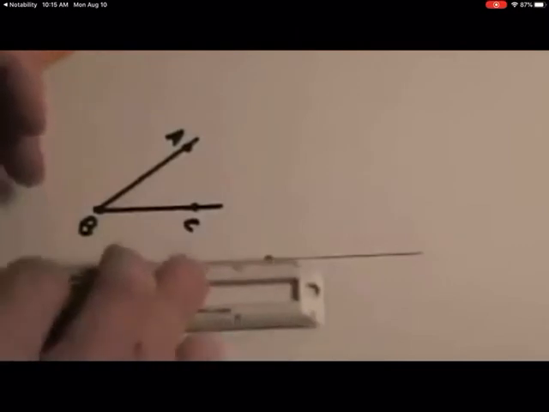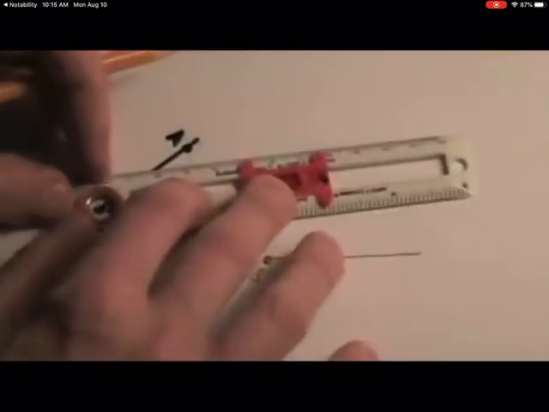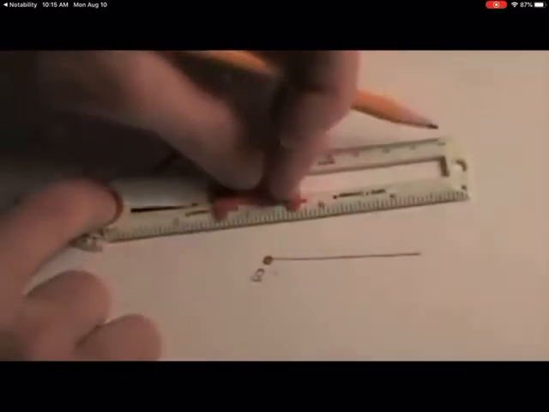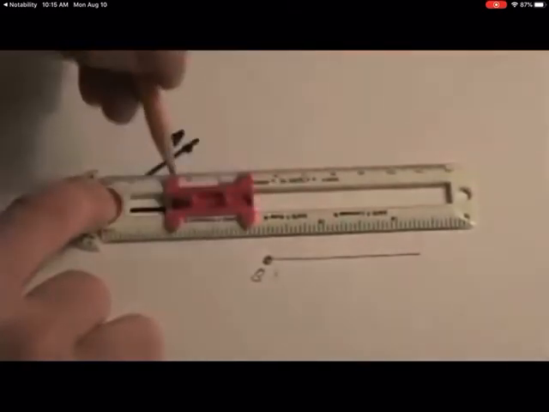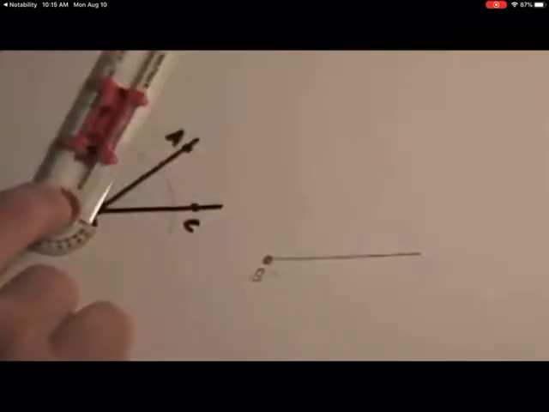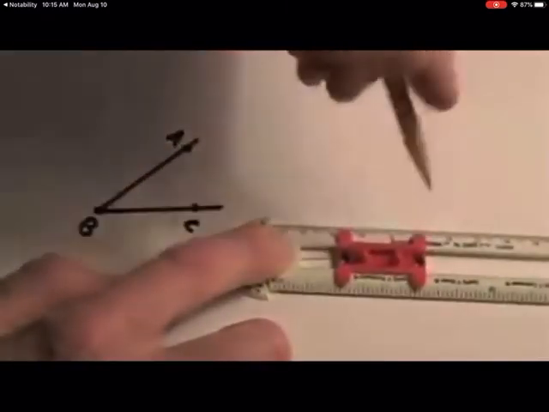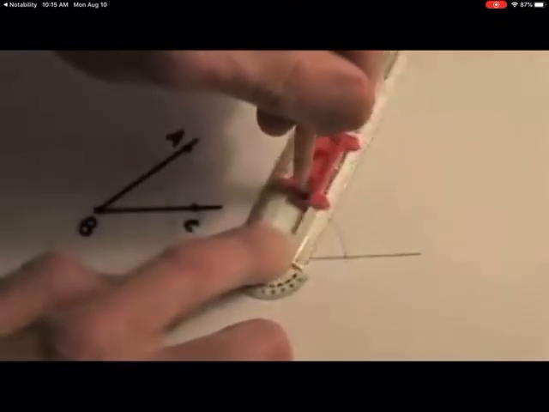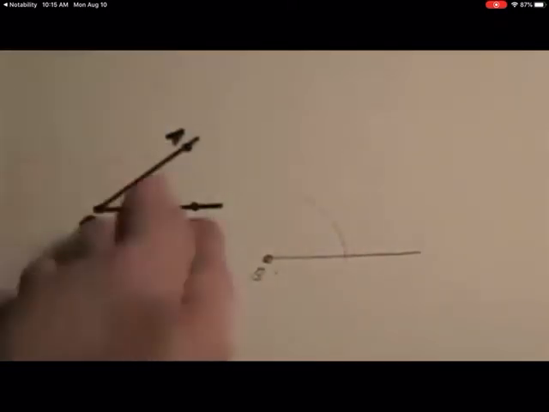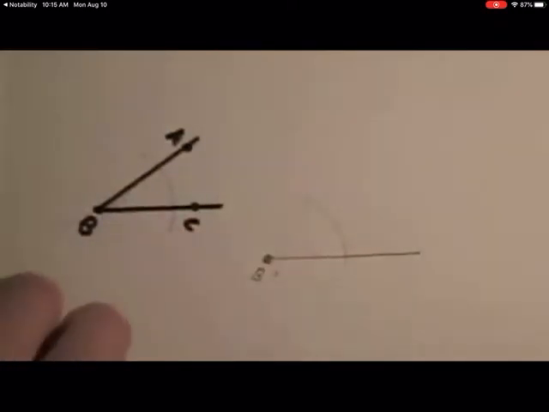You're going to use your compass. So I'm going to put my compass on the original point B. And I'm going to spin an arc that goes through the two sides of the angle. Don't change your slider. Move your compass over onto B prime and do the same motion. Just remind to yourself that you're copying. So whatever you do on here, you'll do the same thing over here.